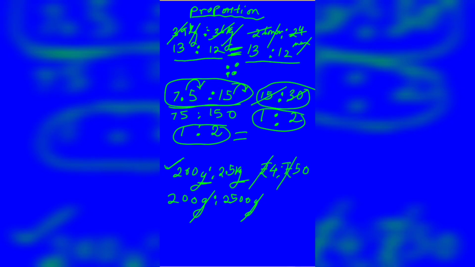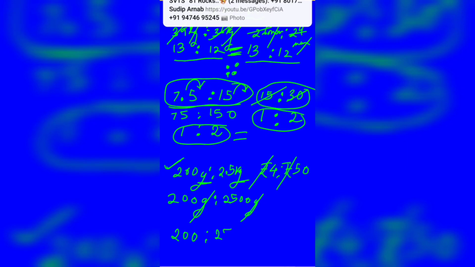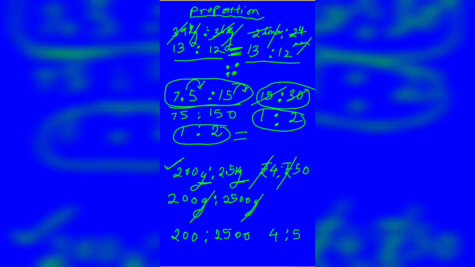Now how do you know they are in proportion or not? There is a technique. 200 is to 2500 and 4 is to 50 are given. If they are equal or in proportion, then if you multiply 200 into 50, and this one, 2500 into 4.